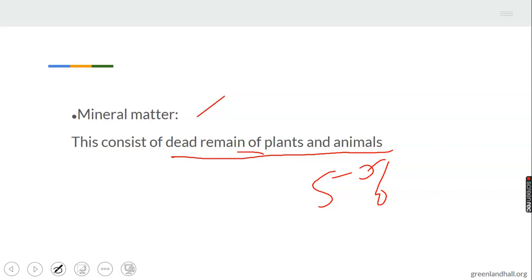When these remains of plants and animals decompose, they decay to form a dark color on the upper part of the soil, which becomes organic matter, also called humus. It is the rich part of the soil. It provides nutrients for plant growth. It inhabits many soil microorganisms, prevents leaching, and so on.